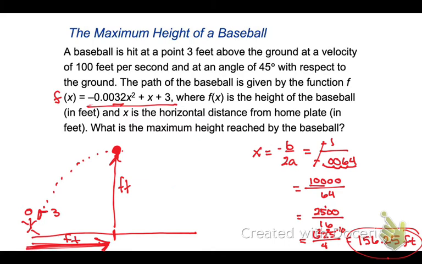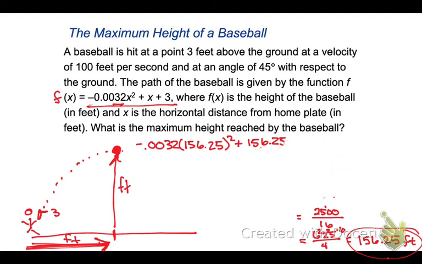So you're gonna put negative 0.0032 parenthesis 156.25 squared plus 156.25 plus 3. 237.375. Just a second. I gotta erase my work too.